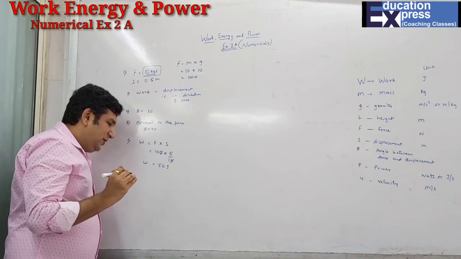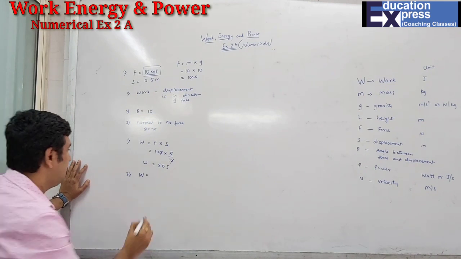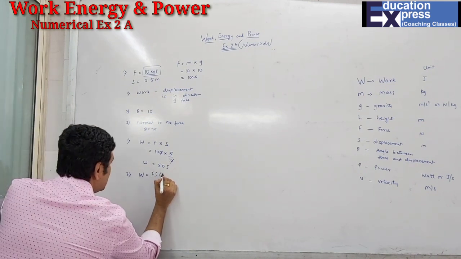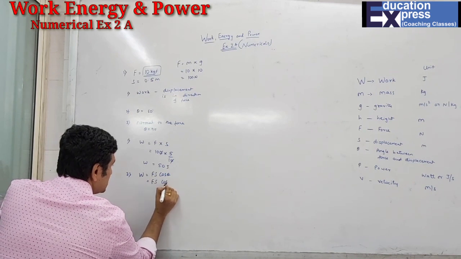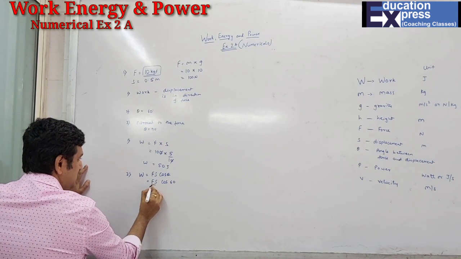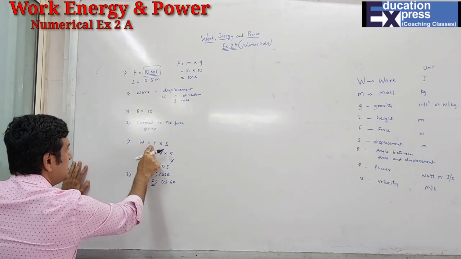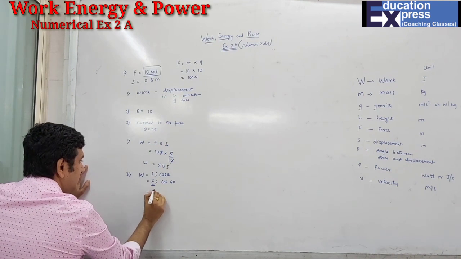Second, when there is an angle, I have told you students, when the displacement is not in the direction of force, the formula we use will be Fs cos theta, which is Fs cos 60. Students, we have already found Fs, that is work is Fs. So Fs is how much, students? 50.